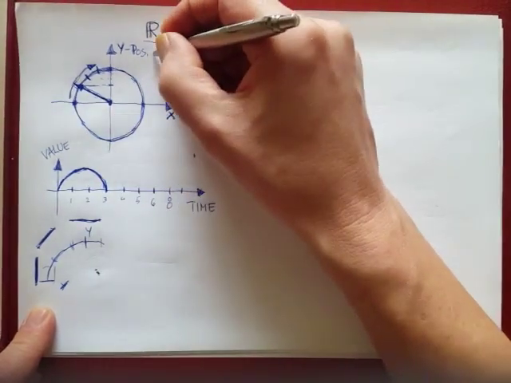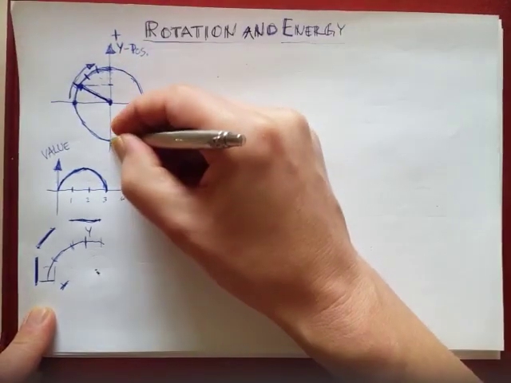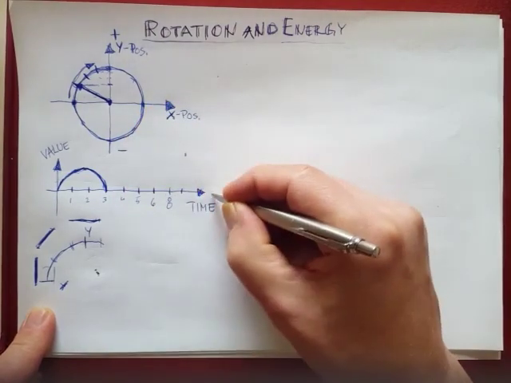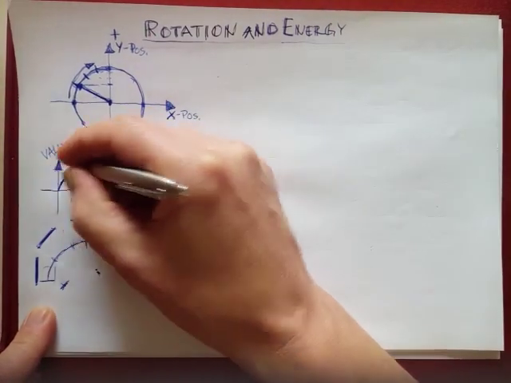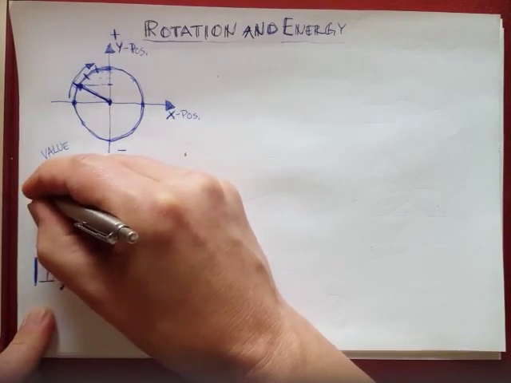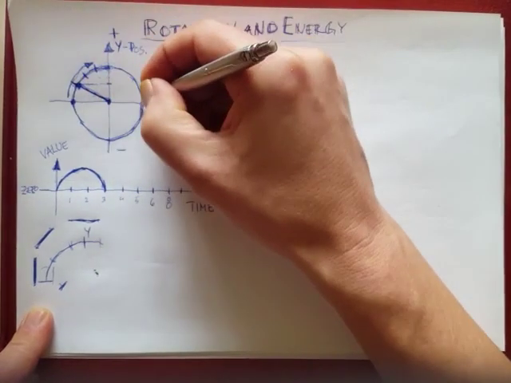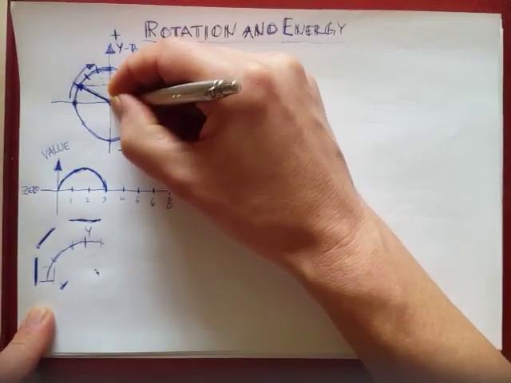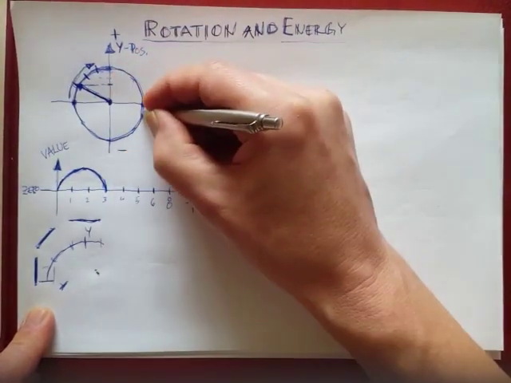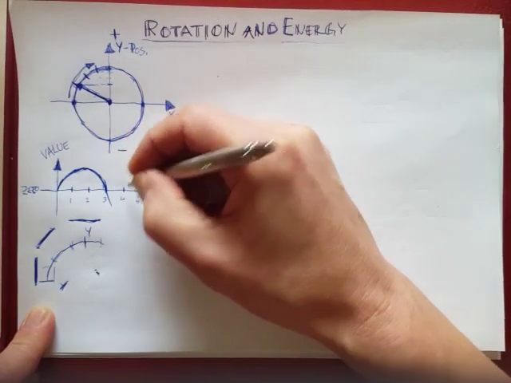But now notice this is plus here, and this is minus here. Here the value is 0. So when this pointer has moved over here, the y value is 0, and then it goes into the negative. It means it continues down into the negative area here.